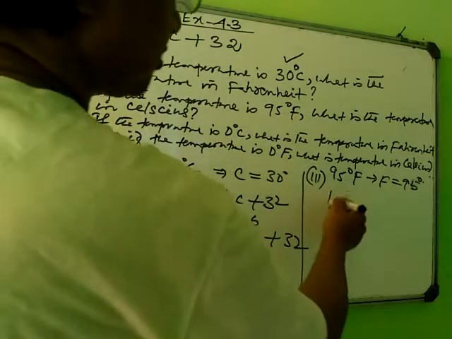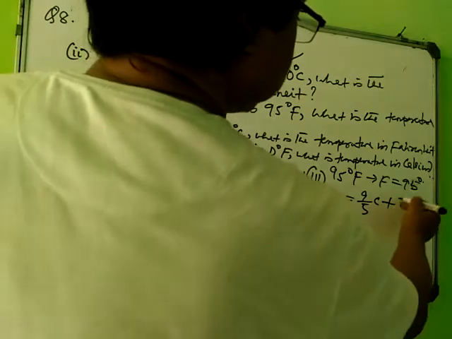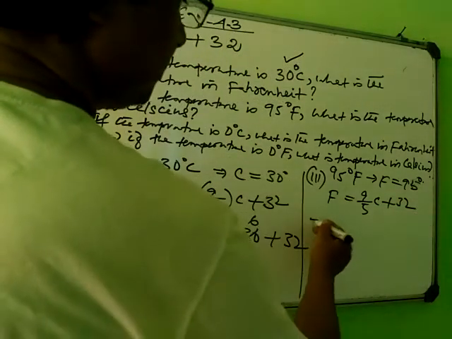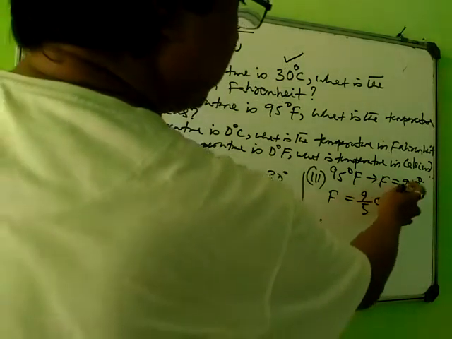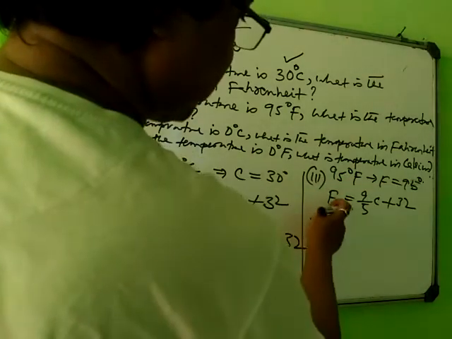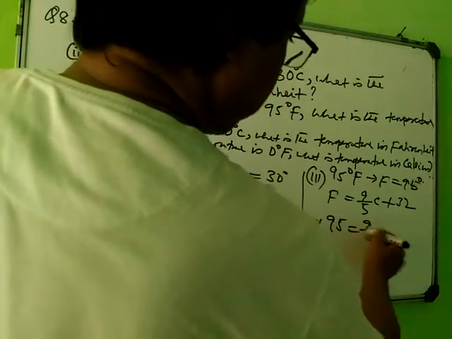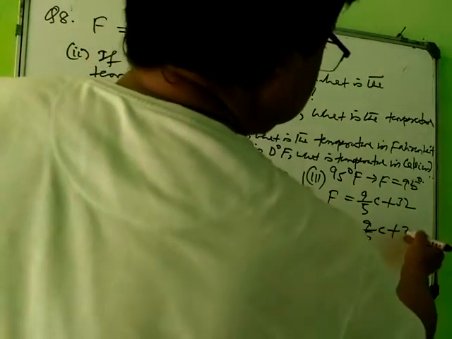Now you take the equation F equals 9 by 5 C plus 32. In place of F, you take 95. So 95 equals 9 by 5 C plus 32.